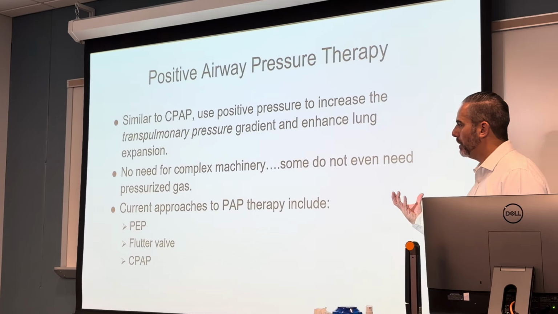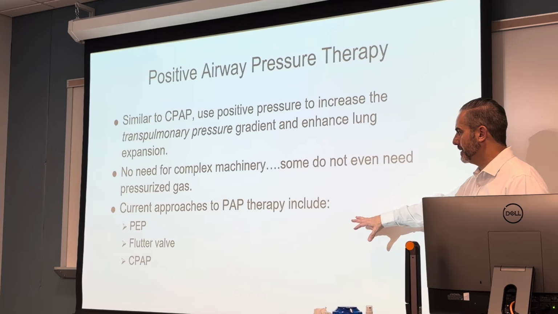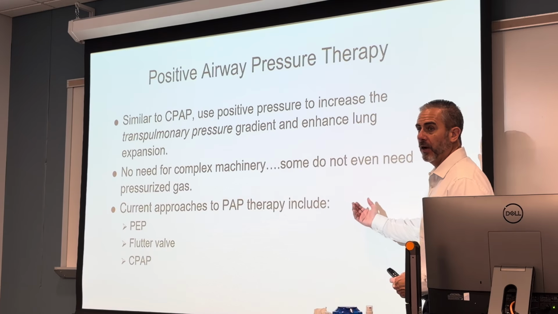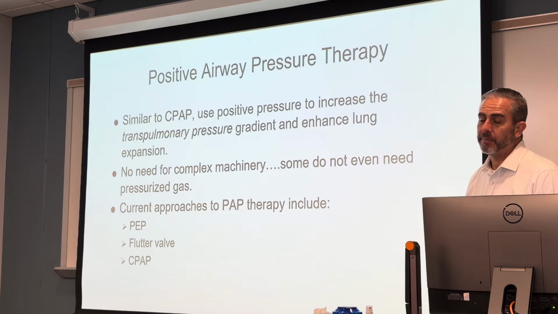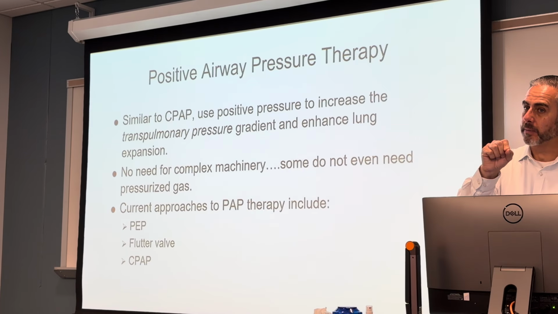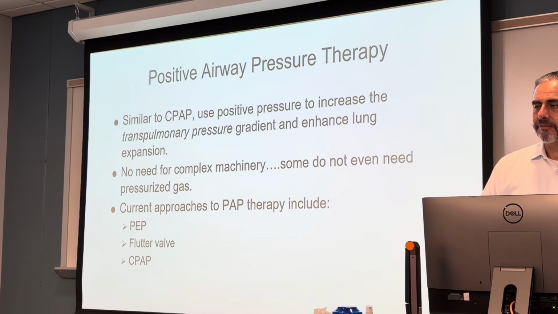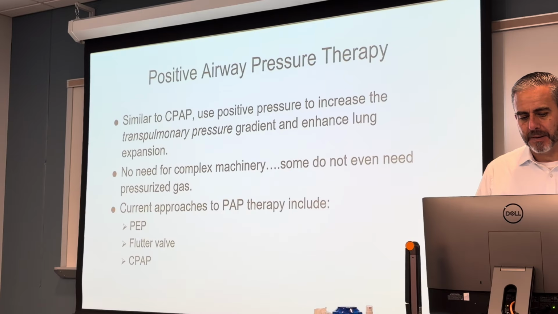So these could be smaller handheld devices that can provide positive airway pressure. PEP therapy is an example, positive expiratory pressure devices. Flutter valve is just simply an example of one, and the textbook even mentions CPAP again here.